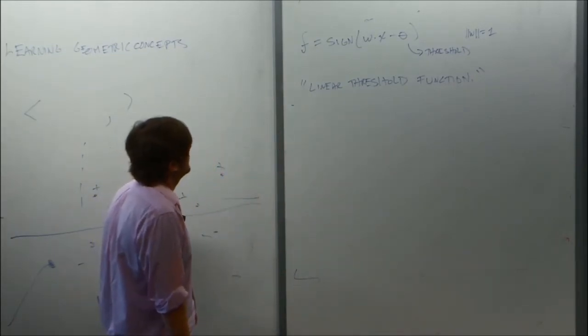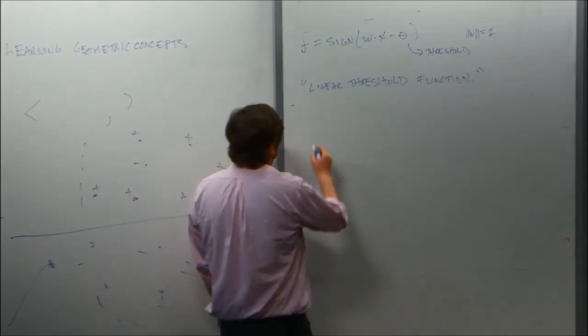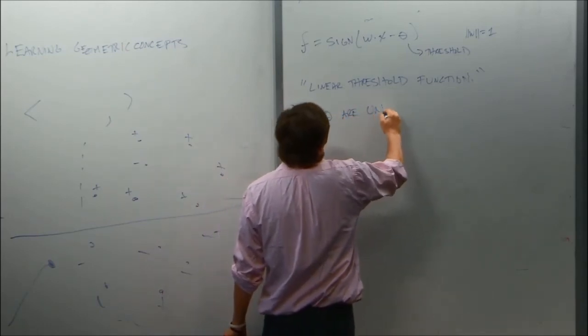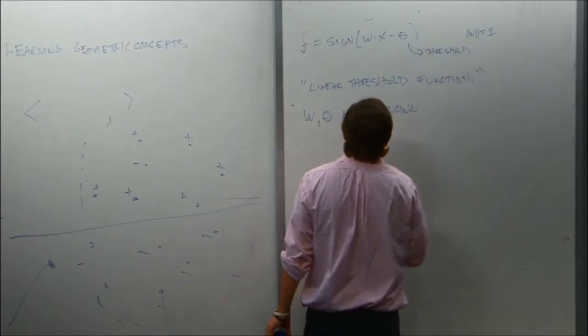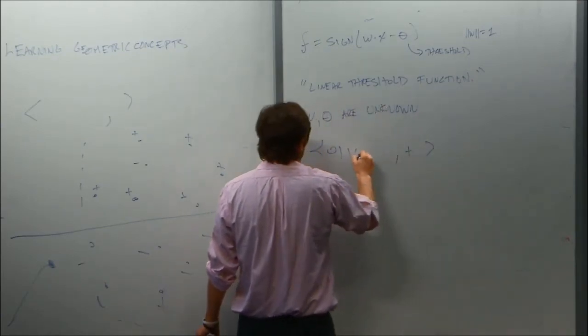So, right. Let's say that w and theta are unknown, and you're given a sequence of labeled examples.